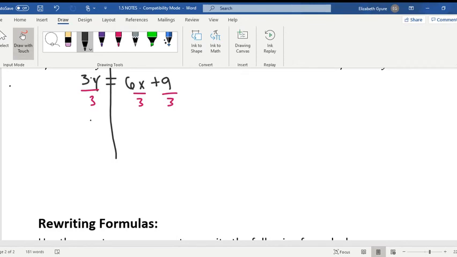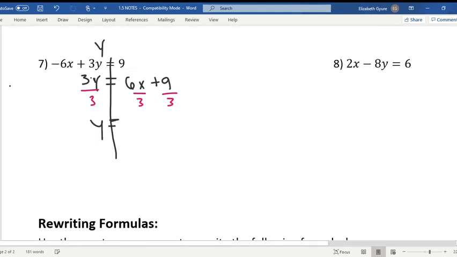All right, so that's going to give me y equals, Mason, I got to simplify this 6x over 3. So what's 6 divided by 3, Mason?